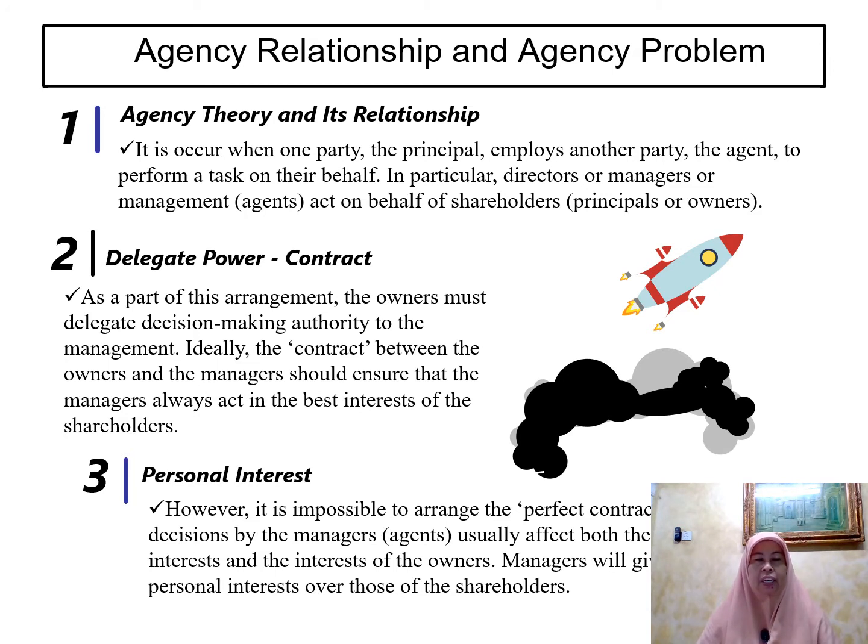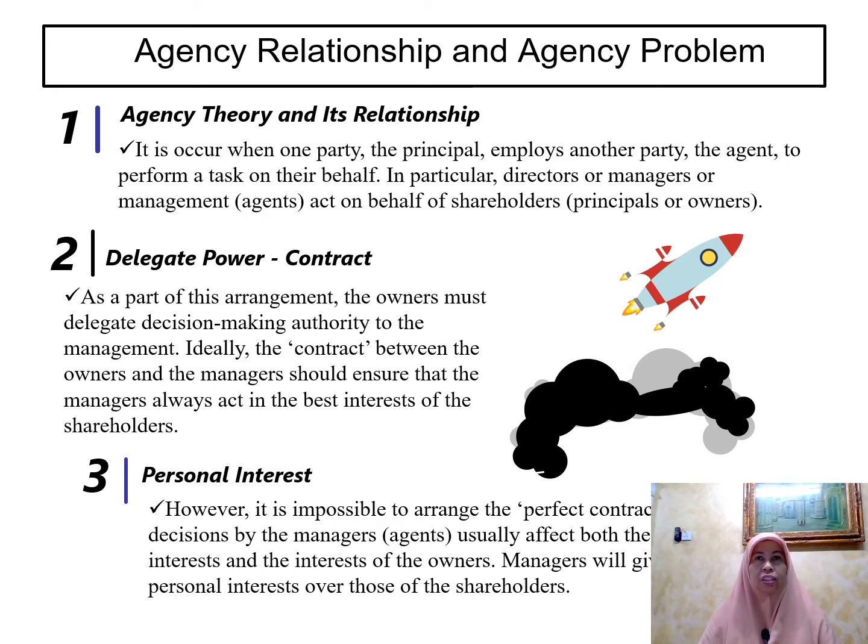So in a company, we know that the shareholder is the owner of the company. However, being the owner, the shareholder does not get involved in the daily routine, day-to-day business operation.